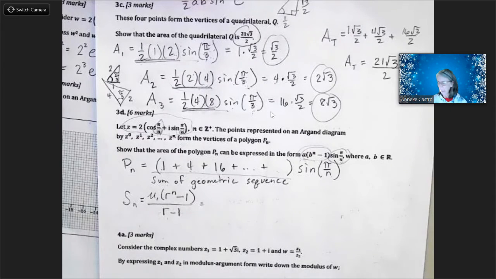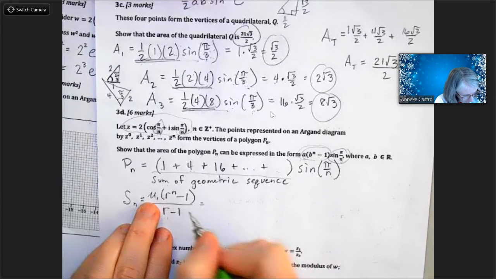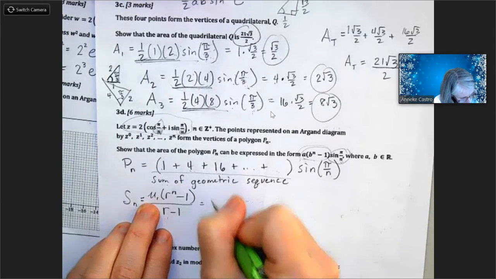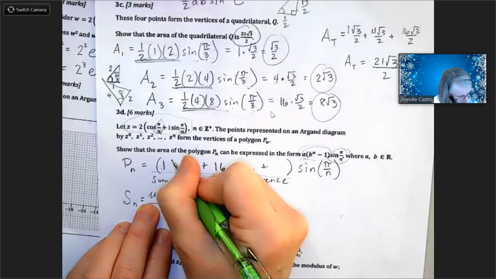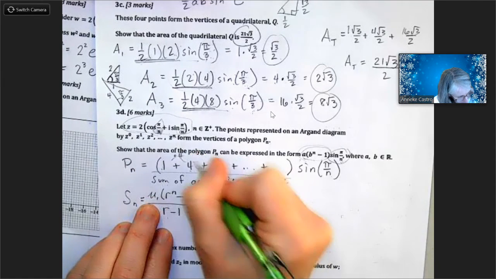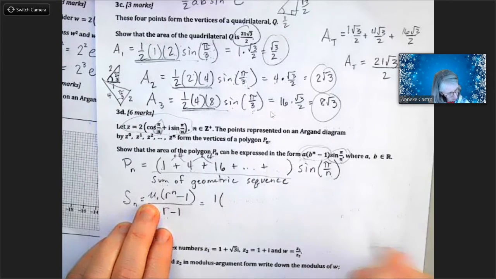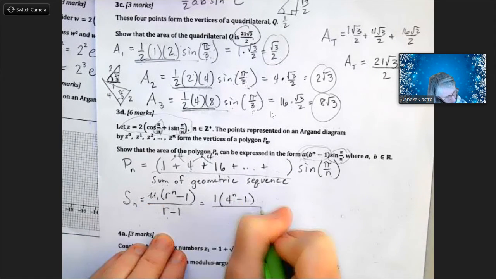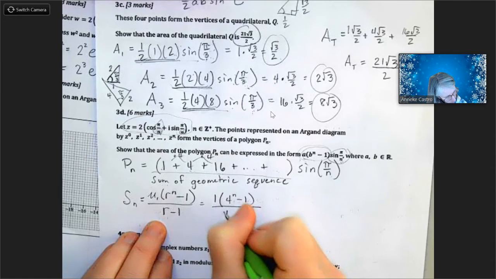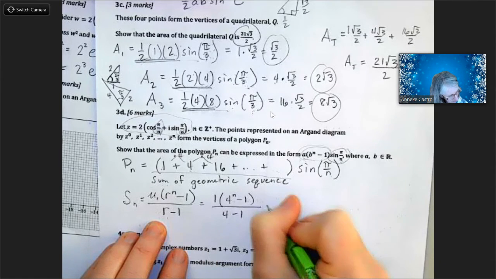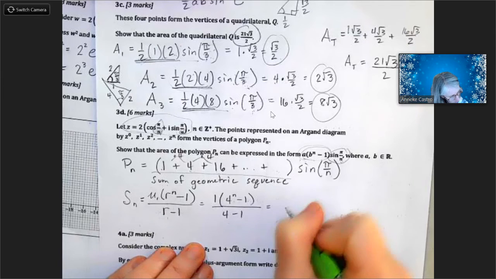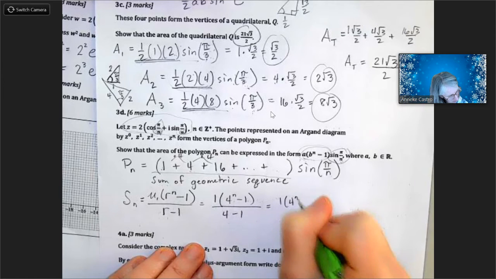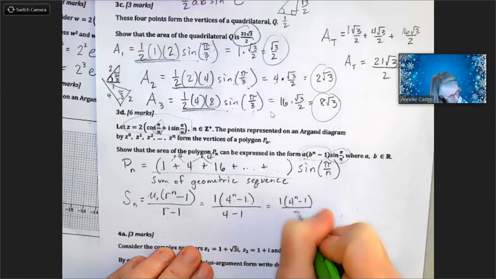Okay, so here we go. The starting value is 1. That's my first term. The common ratio, what am I multiplying by each time? I'm multiplying by 4. Each time this is going up by a multiple of 4. So 4 to the n, minus 1, all divided by the common ratio, which is 4, minus 1. And so we end up with 1 times 4 to the n minus 1, over 3.